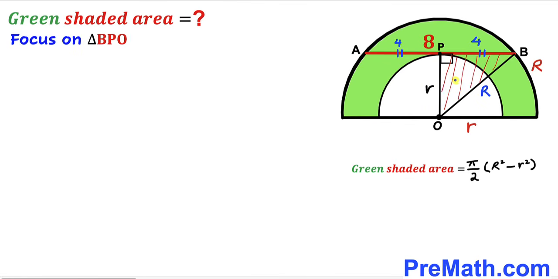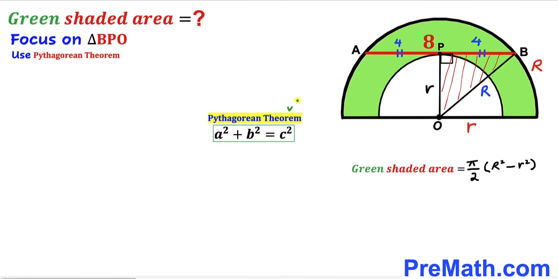Now let's focus on this right triangle BPO and apply the Pythagorean theorem: a square plus b square equals c square. In our case, our hypotenuse is uppercase R, whereas our two other legs are lowercase r and 4. Let's fill in the blanks: lowercase r square plus 4 square is going to be equal to uppercase R square.